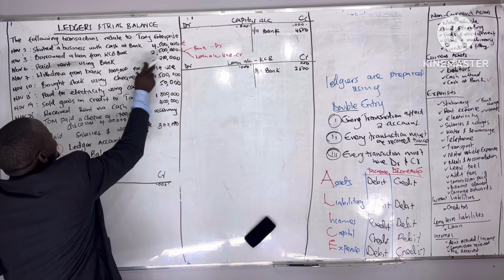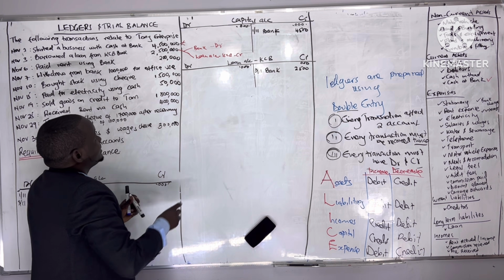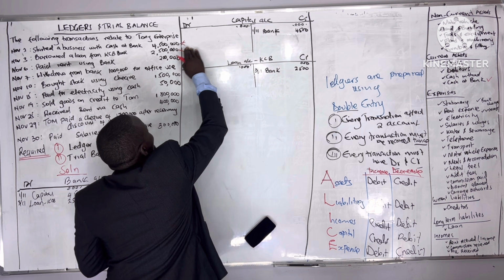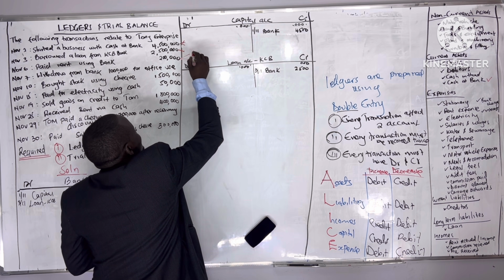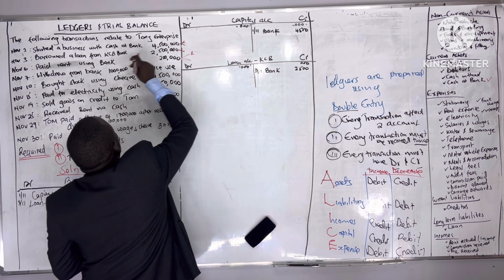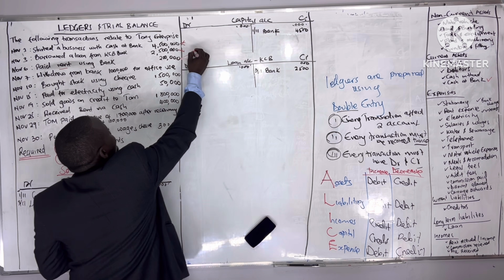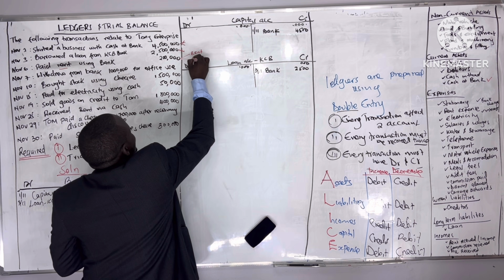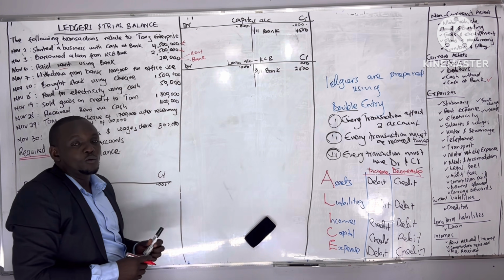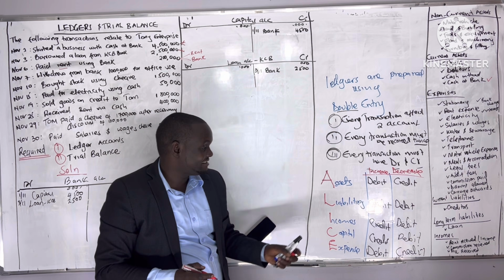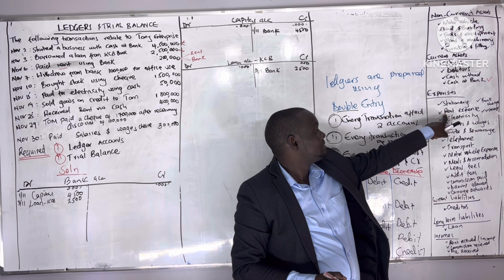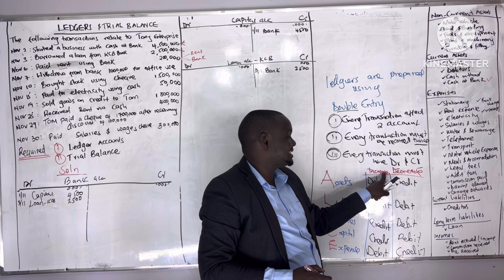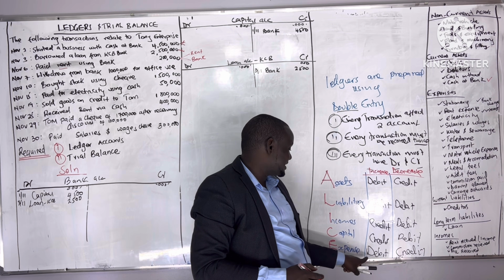The next one: paid rent using bank, 200,000. When you pay rent, the accounts affected are one, the rent itself, and two, the bank. Rent is an expense. It means rent expense is increasing.